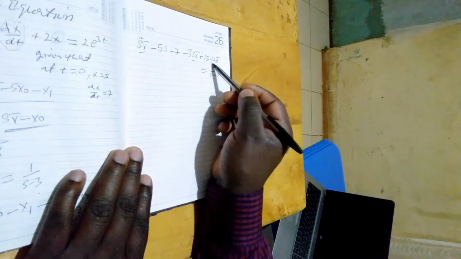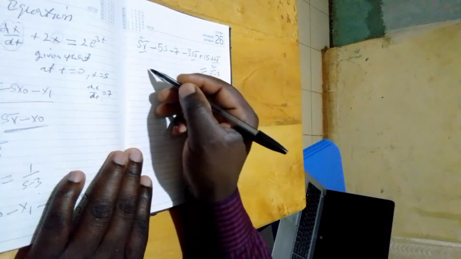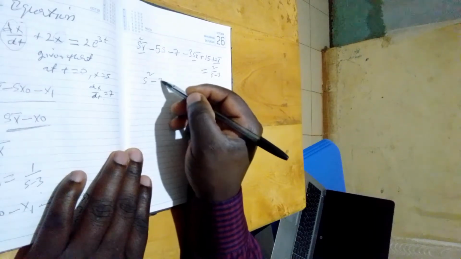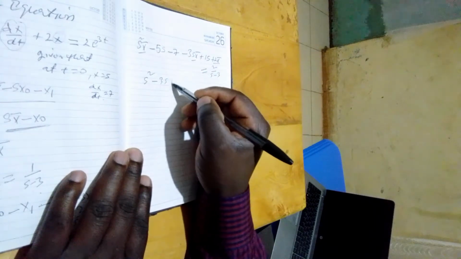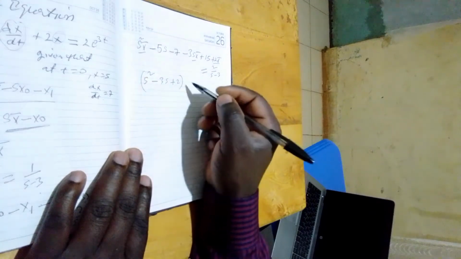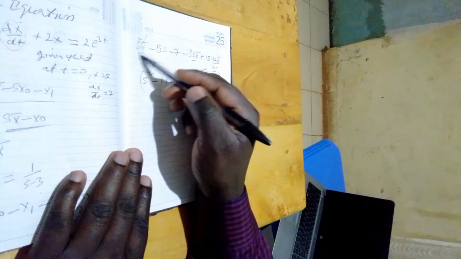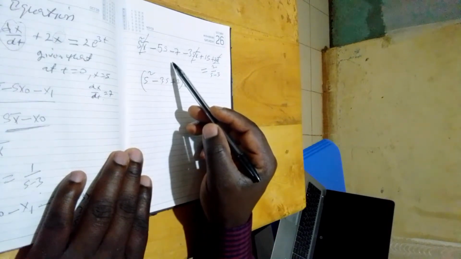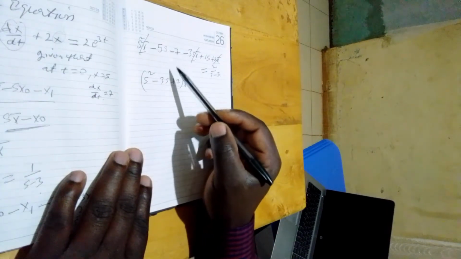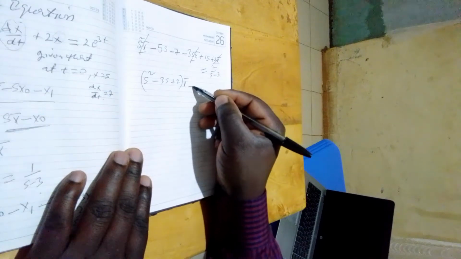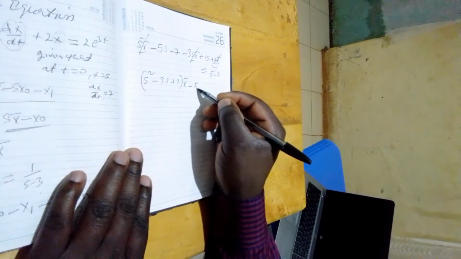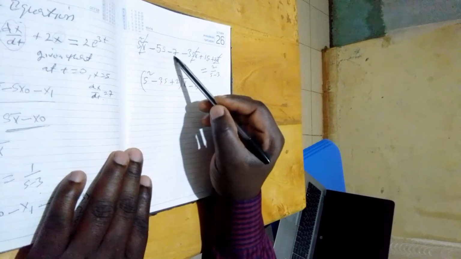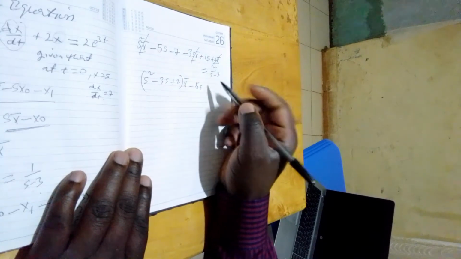Those that have x bar, we put them together, so here we have s² minus 3s plus 2, then we take out x bar. Then we have minus 5s, negative 15 plus negative 7 plus 15, we have plus 8.